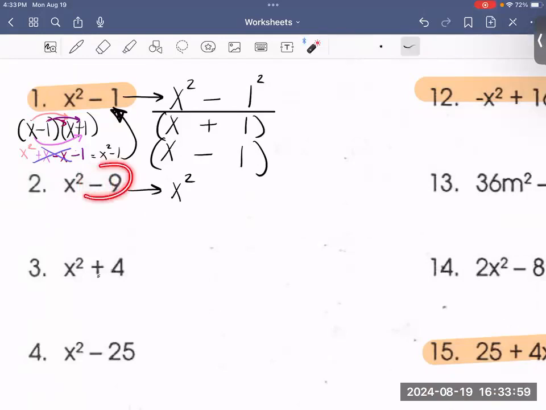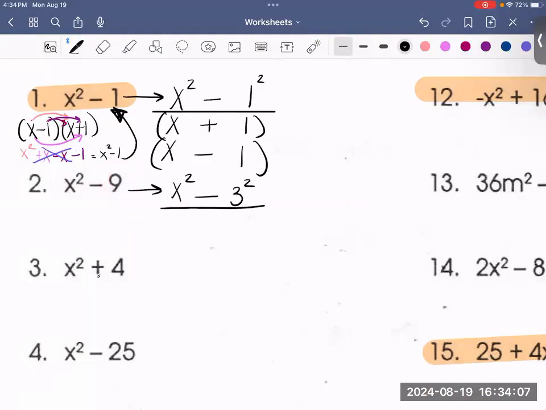Now let's do 9. So what number times itself can get you to 9? Well, 3 squared, right? 3 times 3 is 9. So there are two x's and two 3's, and we alternate your signs, one positive and one negative. So your final answer is x plus 3 and x minus 3.